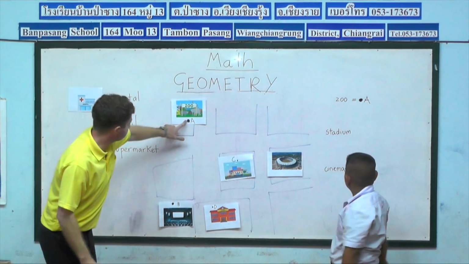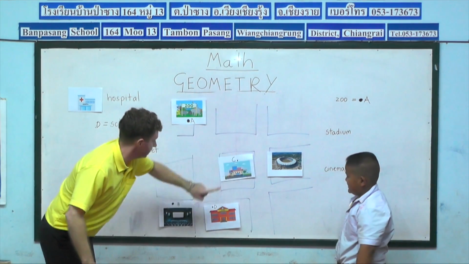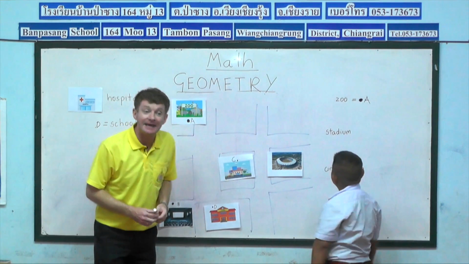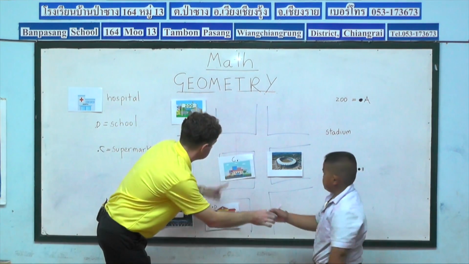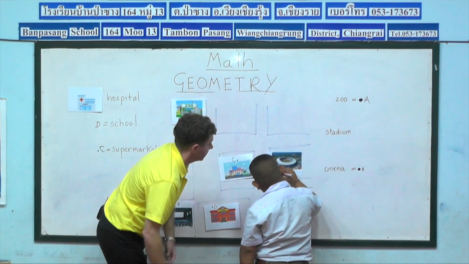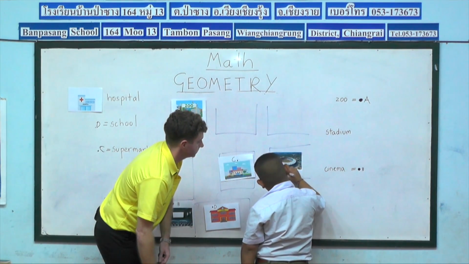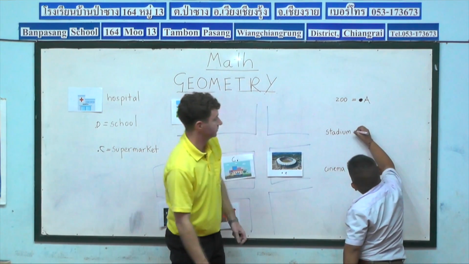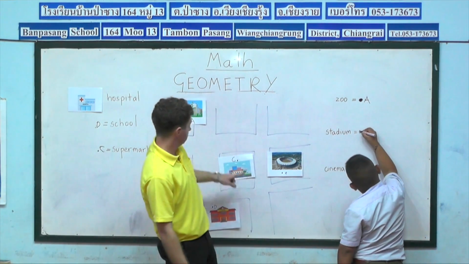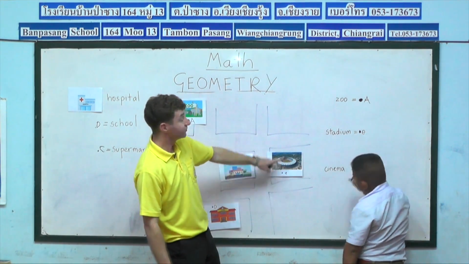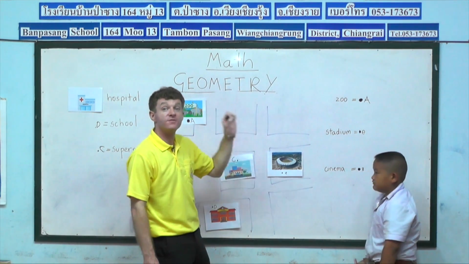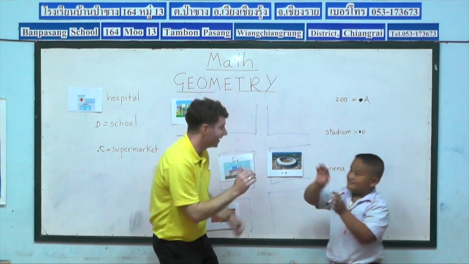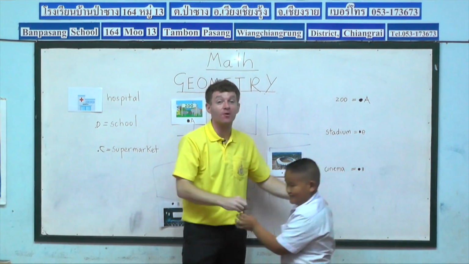So, point A, B, C, D. Our stadium will be point E. So first of all, Net, can you draw our dot? And then point E. Excellent. And now, again, equals point E. Stadium, point E. Net, that was brilliant. High five. Big round of applause for Net.